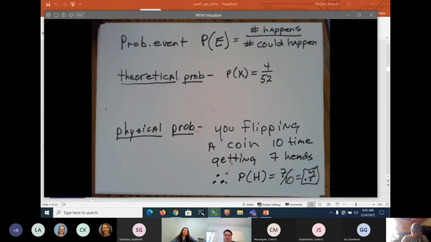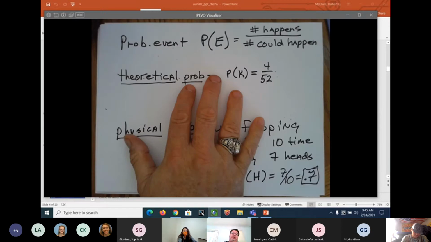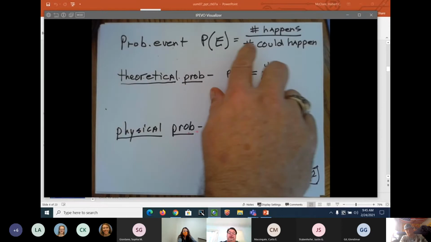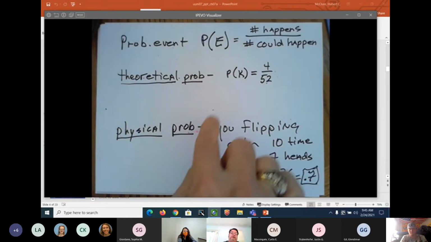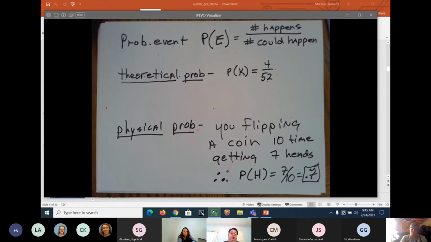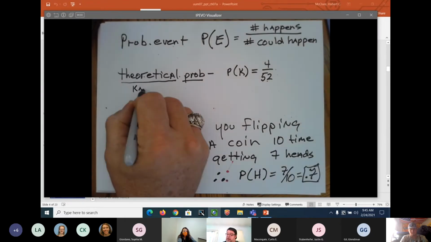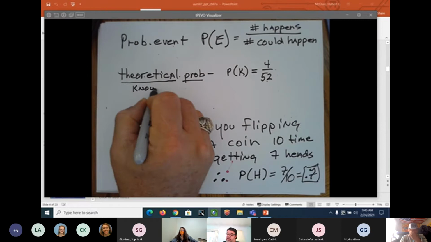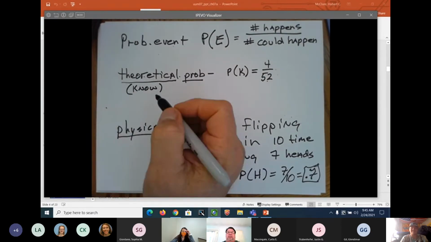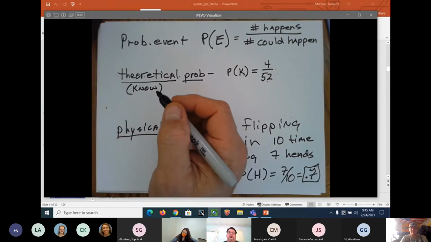Now, I want everybody to understand that the formula is the same for both. But theoretical is based on what you know. Is there anybody in here that doesn't know jack about a deck of cards?